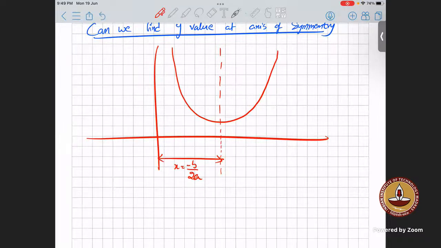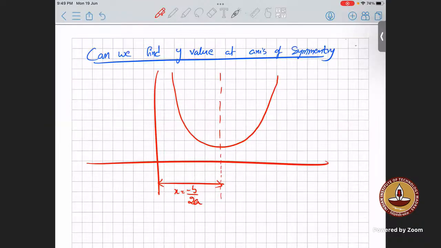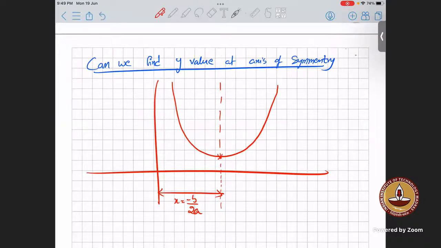For vertex, it is minus b by 2a, comma, f of minus b by 2a. But axis of symmetry does not meet the curve; there is no intersection point between the axis of symmetry and the curve.